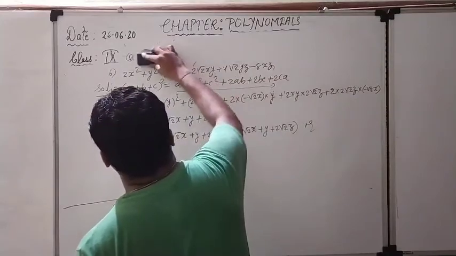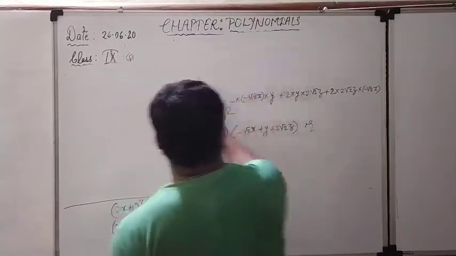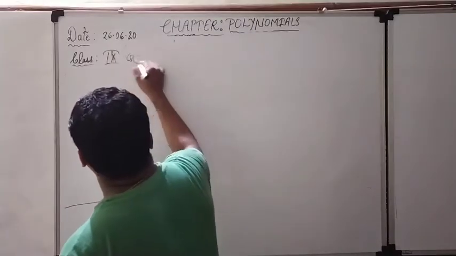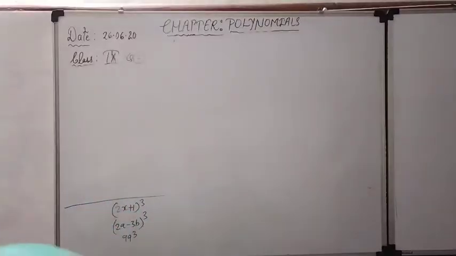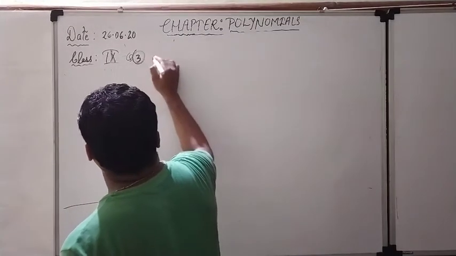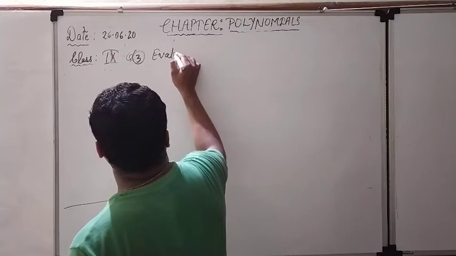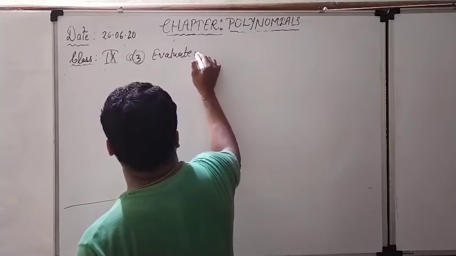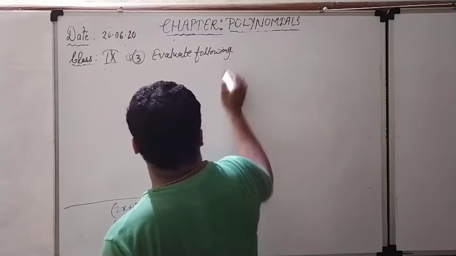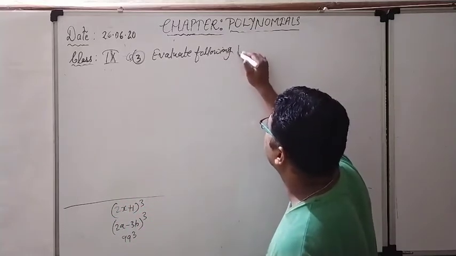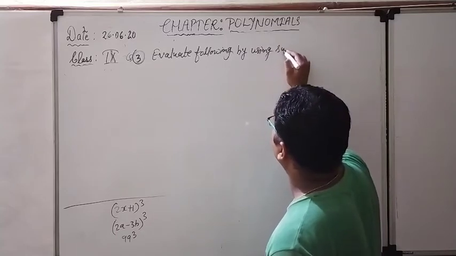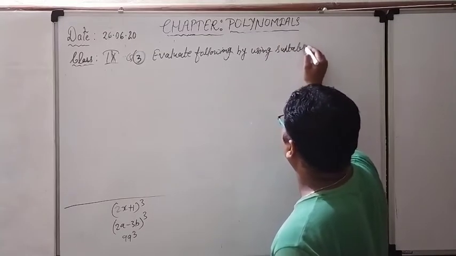Evaluate. Question number 3 is for the evaluate the following by using the suitable identity. Question number 3 is evaluate the following by using suitable identity.